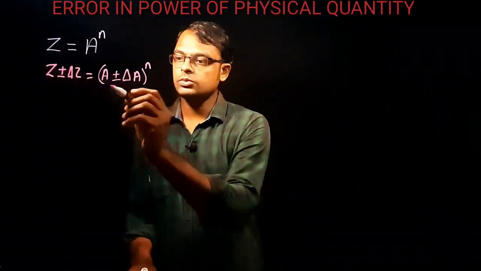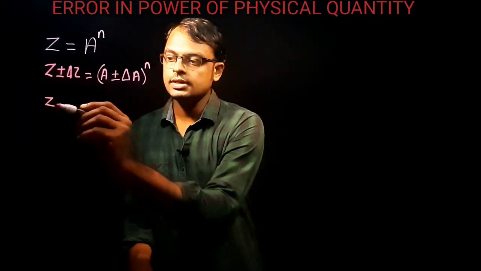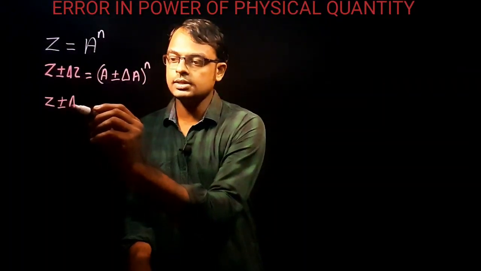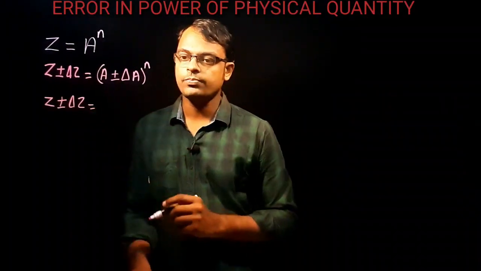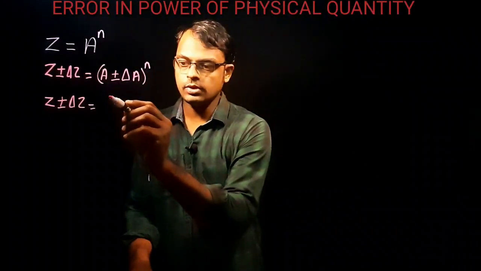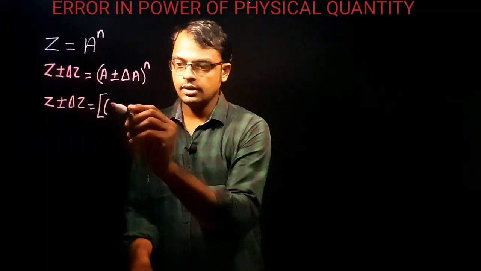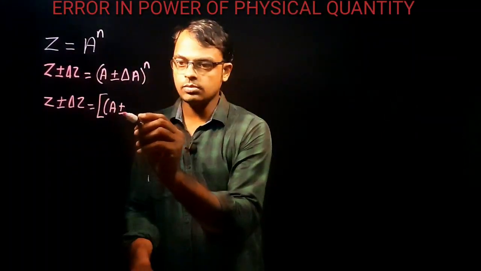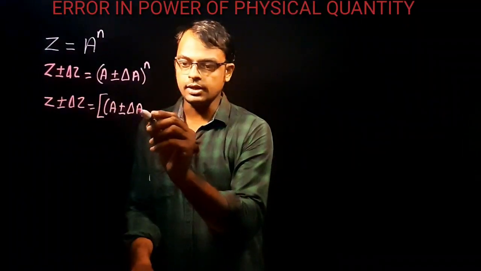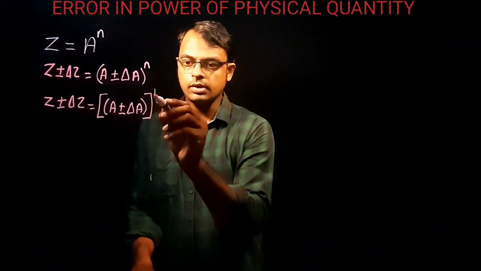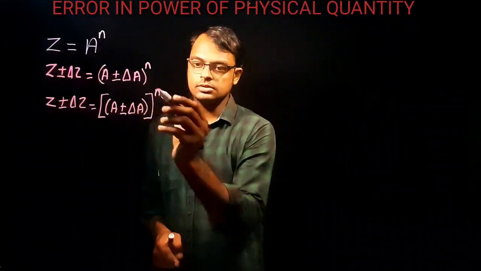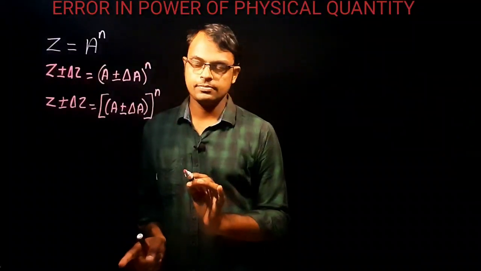How can you use this formula? I can write z plus or minus delta z is equal to, in square bracket, a plus or minus delta a, all to the power n. Same as this one, I simply write in a square bracket.